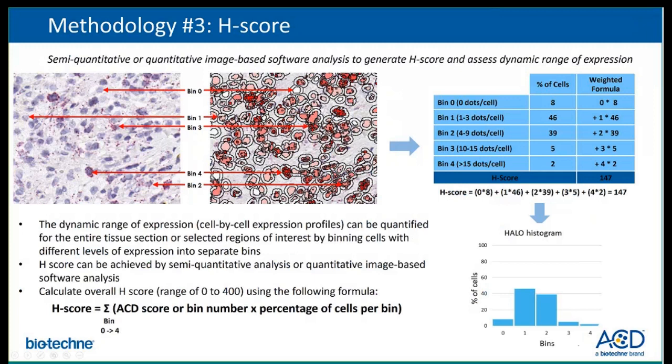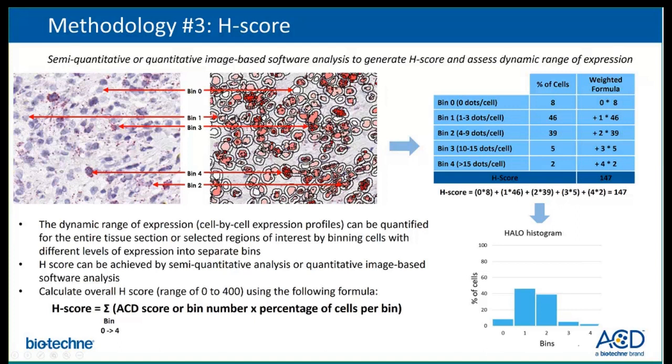As you can see on the right, there are different bins, and each bin shows a different range of expression. Depending on your percentage of cells and the number of dots within a specific region, you can bin them into these different categories.